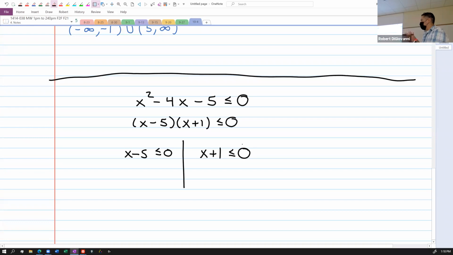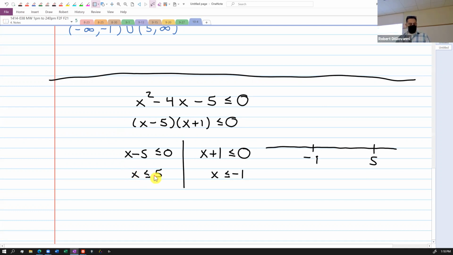See how it's almost like the same thing as solving the equation, just setting each one equal to 0. They set each one less than or equal to 0. And let's see what happens here. If we add 5 to both sides, we get x must be less than or equal to 5. Here we get x must be less than or equal to -1 by subtracting 1 on both sides. And now if I think about what this is saying, I have -1 here and I have 5 here.